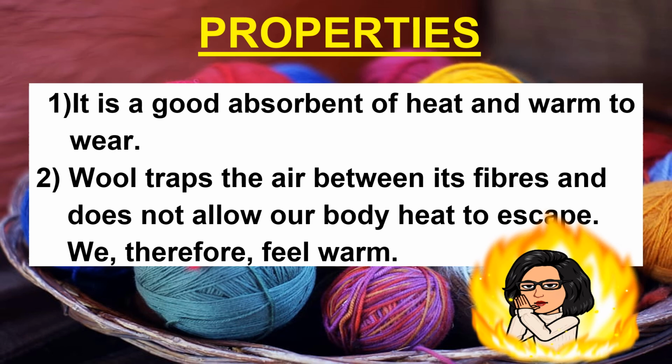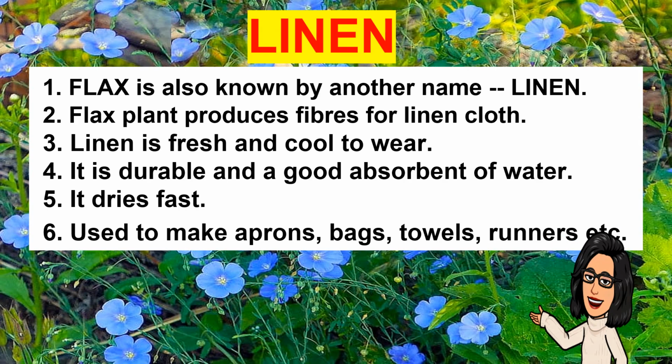Now students, let's learn one more, and that is linen. One more fiber, which is also known as flax. Flax plant produces fibers for linen cloth. It is fresh and cool to wear.